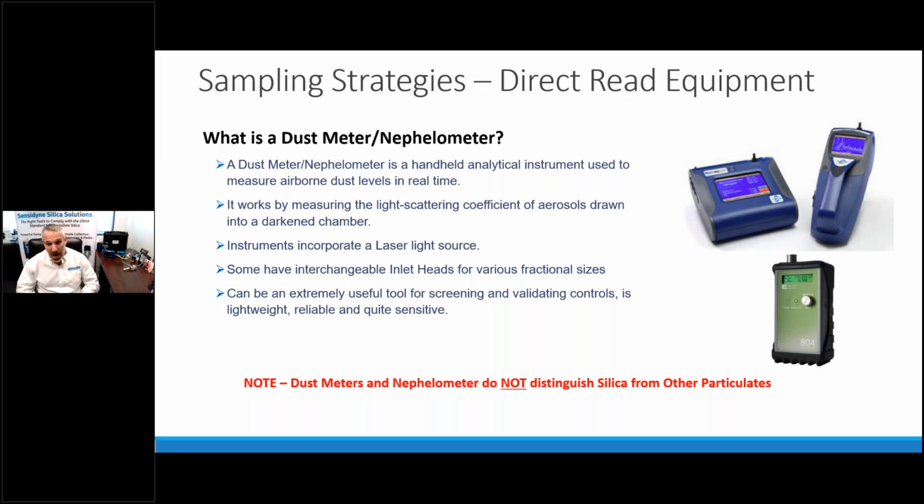These typically operate off light scattering technology. The air is drawn in through a chamber, and the light scatter looks for reflection and calculates a concentration based on that. These can be useful accessories, but they do not distinguish silica from other particulates that are present in the air.